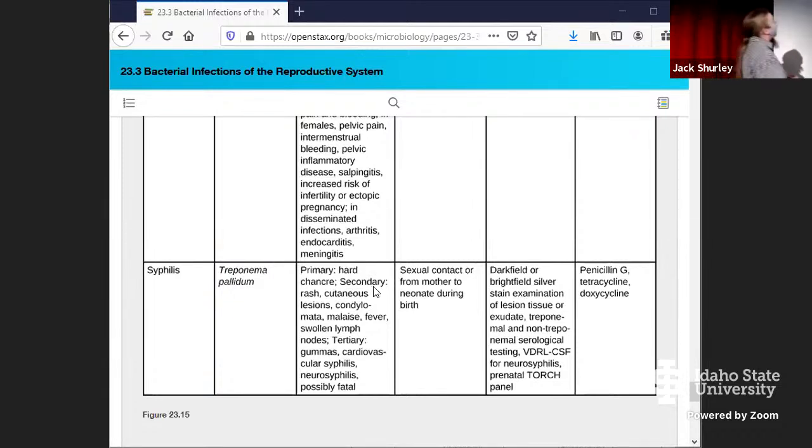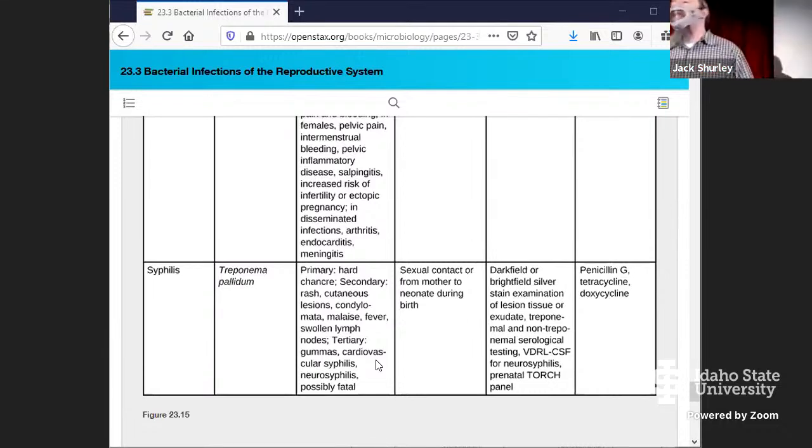Secondary stage, we can see rash starting to result, cutaneous lesions. You saw the hands, the condylomata, malaise, fever, lymph nodes that are swollen, progressing to the last stage, the tertiary. You can see these gummas, which were those skin lesions or bone lesions.